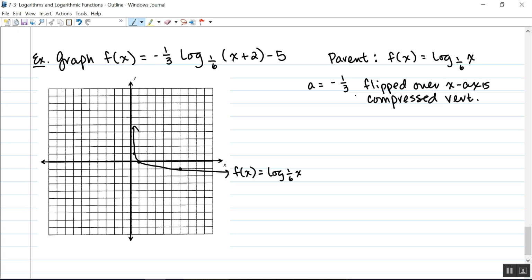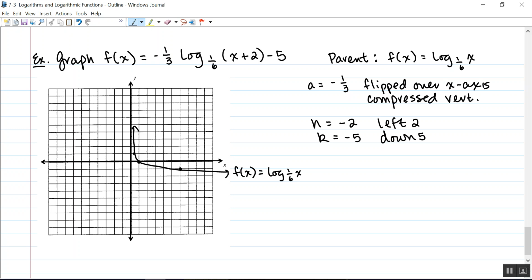I also notice that my h is -2. Remember, it's x minus h, so that means I'm going to be shifted left 2. And my k is -5. That means I'm going to be shifted down 5.